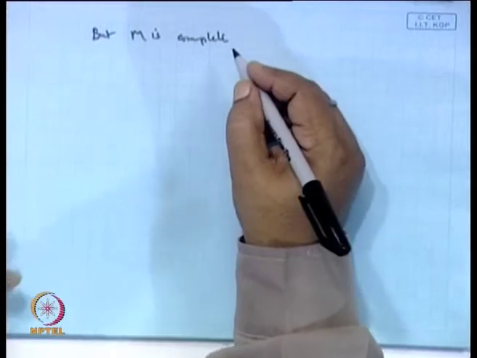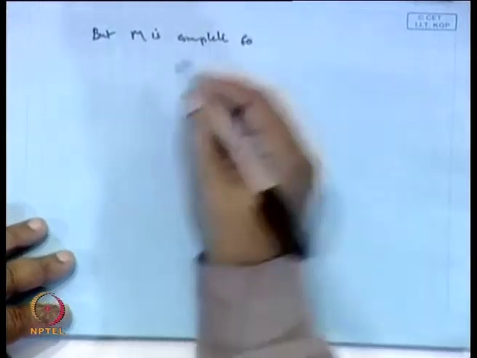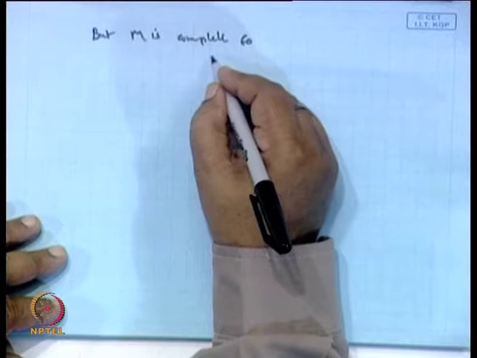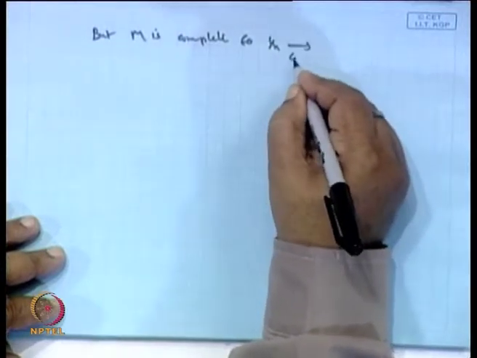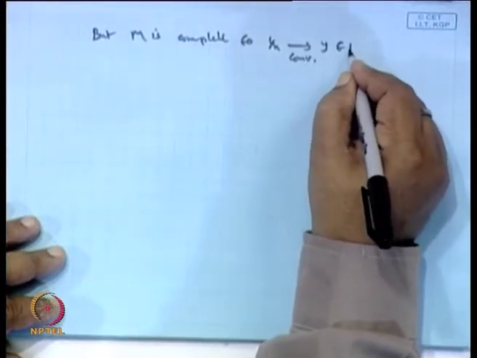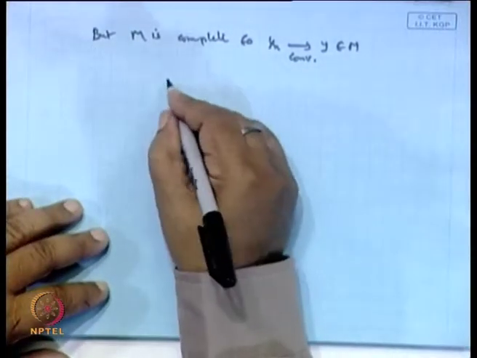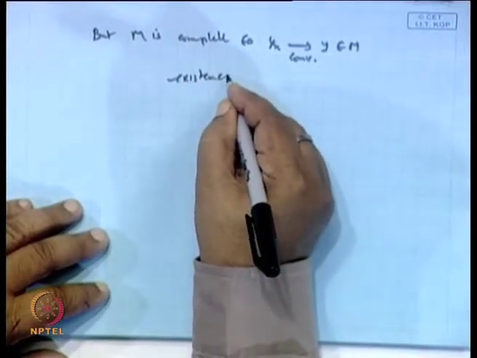So, every Cauchy sequence is convergent. So, this sequence y n converges to an element y belonging to M. Therefore, the existence of y is guaranteed.